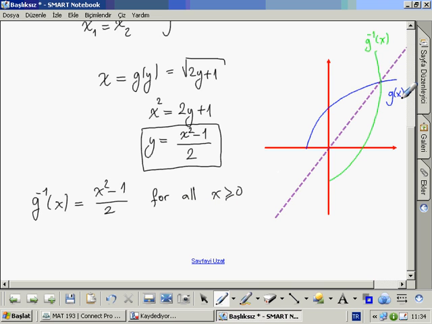It's reflected on the y equals x line. This is the x y.